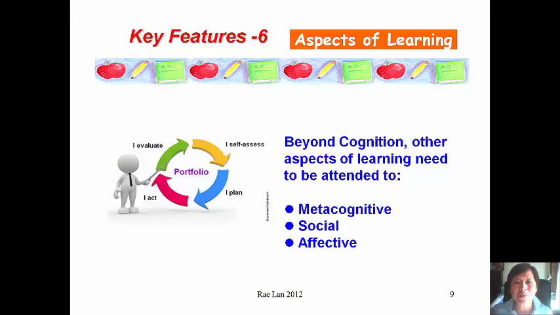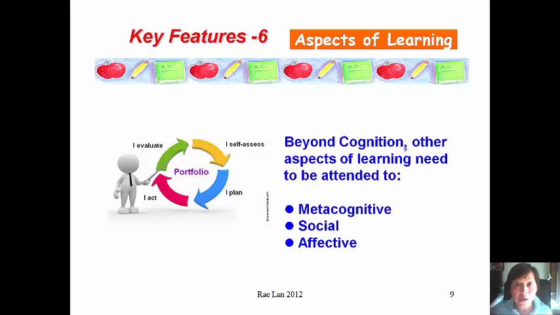Now, the number 6 feature for language learning strategies is the fact that they encompass different aspects of learning. As you can see here, according to the textbook, language learning strategies include different aspects of learning. In addition to cognition, which means the direct learning itself, there are other aspects of learning that we need to attend to.